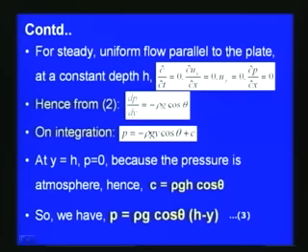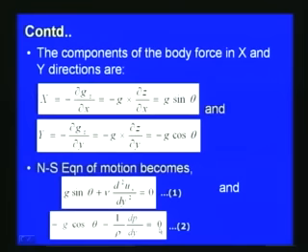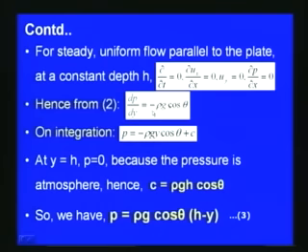For steady uniform flow parallel to the plate at a constant depth h, we have already seen del by del t is equal to 0, del u by del x is equal to 0, uy is equal to 0, and del p by del x is equal to 0. So from equation number 2, we can write dp by dy is equal to minus rho g cos theta.